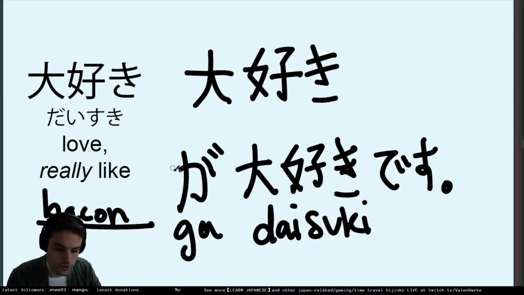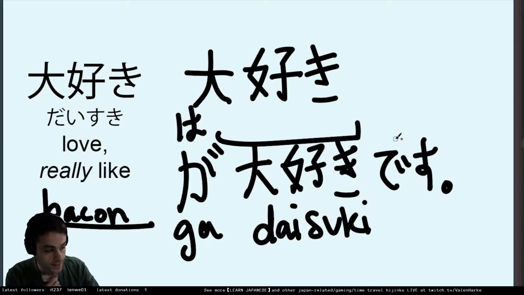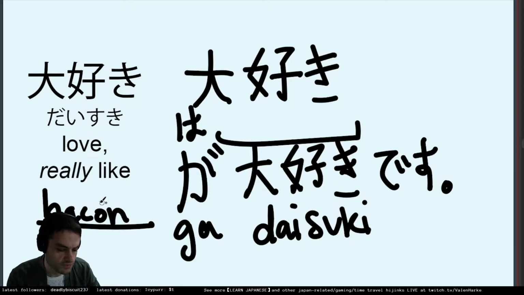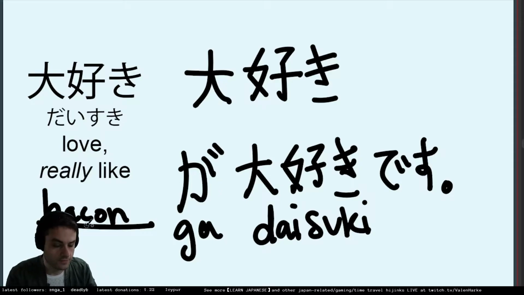So, you'll notice, remember before I said wa, and then something desu would be the is bucket, right? So if we said bacon wa something desu, we would be saying bacon is something. But we're using ga. So what's going on here?